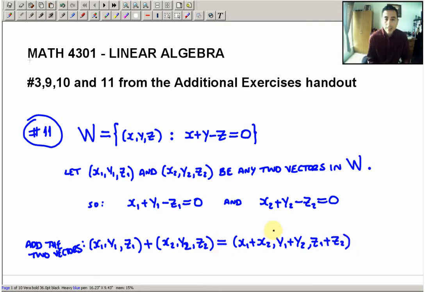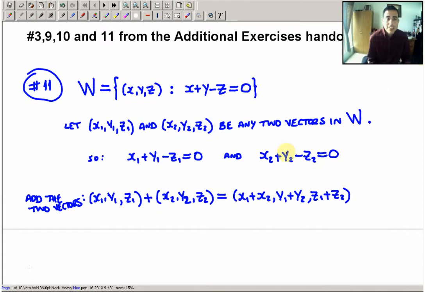I added two vectors. How do we know that this vector is in W? Well, we need to check whether this new vector satisfies this equation. So let's see how we do this. Plug these three values in the equation and see if it works, right?